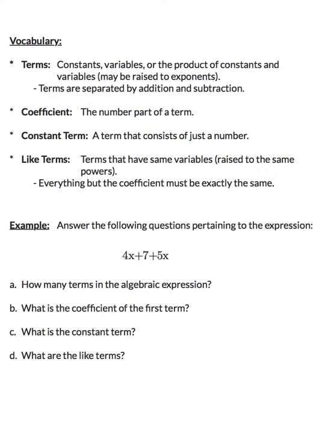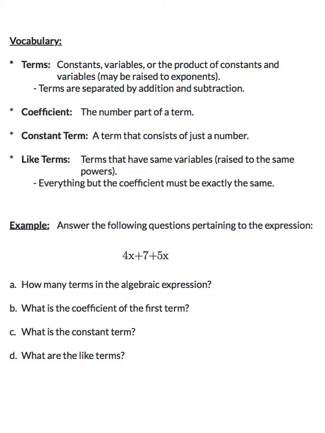Another way to think about terms is they are separated by addition and subtraction. Our second vocabulary word that we have is coefficient. This is the number part of a term. We have a constant term. This is a term that consists of just a number.